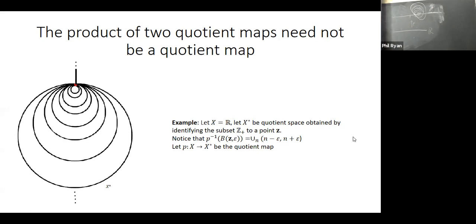The only thing that's kind of fun is, what does a neighborhood of this point look like? Let's say we take a little ball around here.